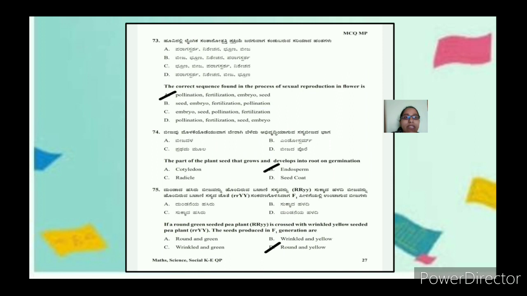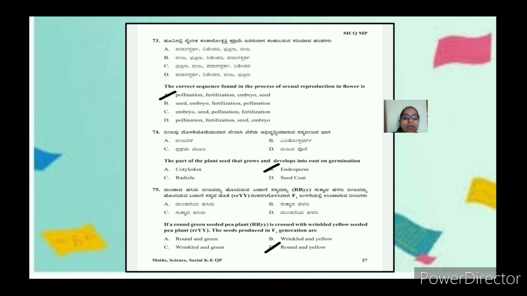The correct sequence found in the process of sexual reproduction in a flower is. So first it undergoes pollination, then fertilization, then embryo and seed formation. The part of the plant seed that grows and develops into root on germination. It is the endosperm.